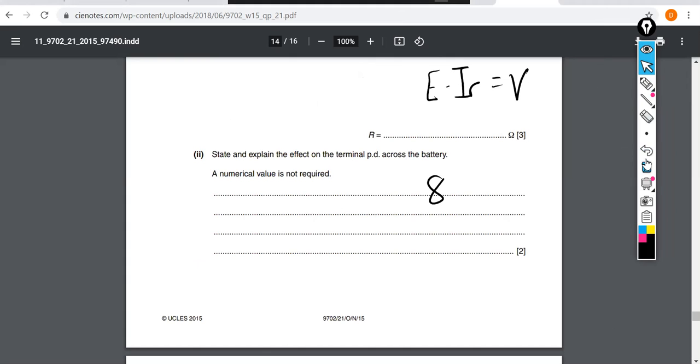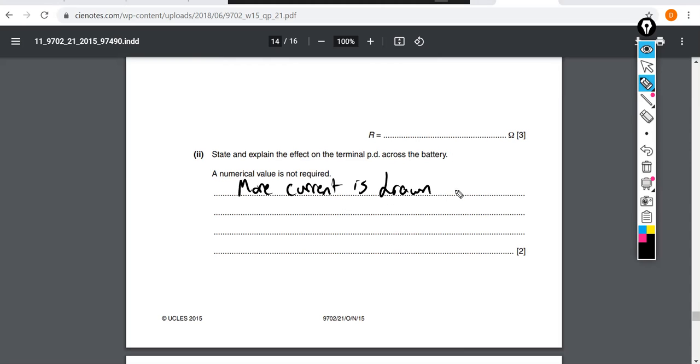Let's put all that down into words now. So the effect on the terminal PD is going to be more current is drawn from the battery due to less circuit resistance. Right, because we've opened up a new path, we've reduced the overall circuit resistance, which means we're going to draw more current from the battery.